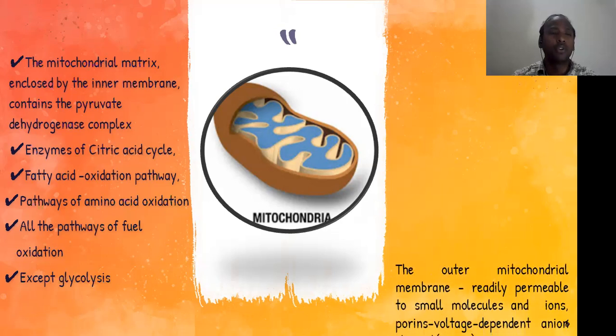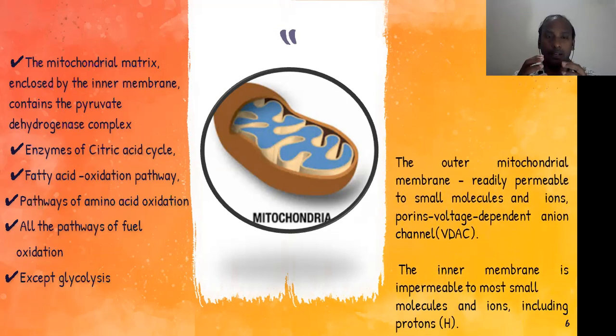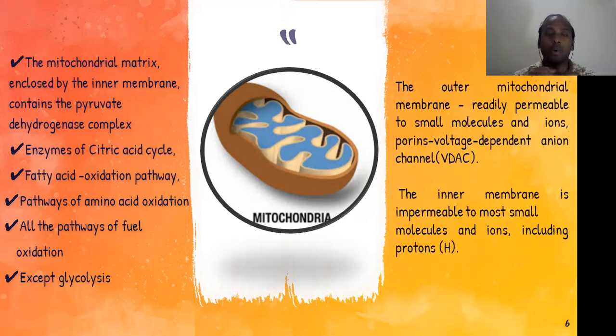So if you see the structural importance of these two membranes of mitochondria, first take the outer mitochondrial membrane. This outer mitochondrial membrane is readily permeable to small molecules and ions.